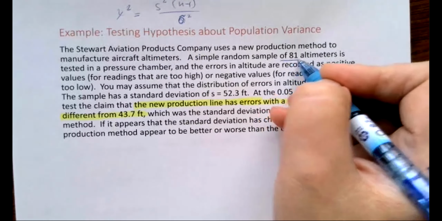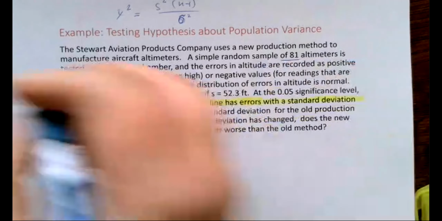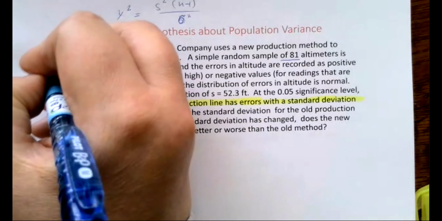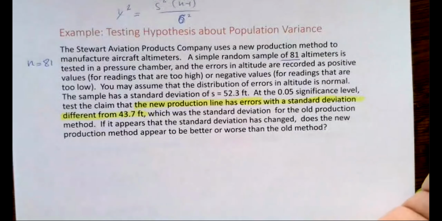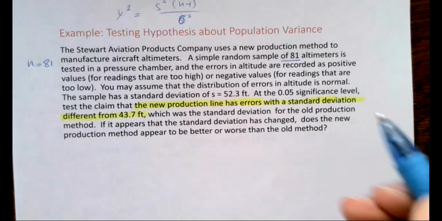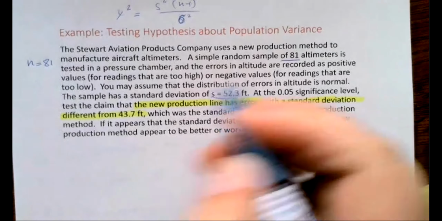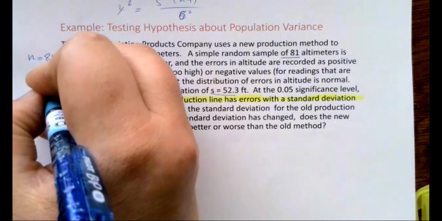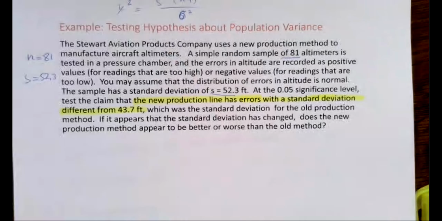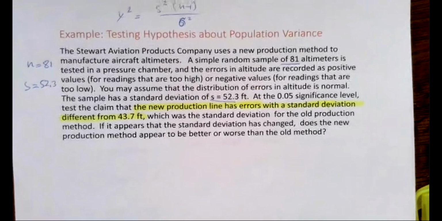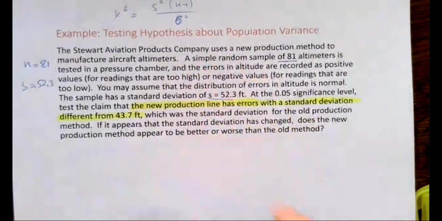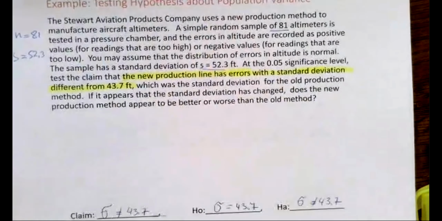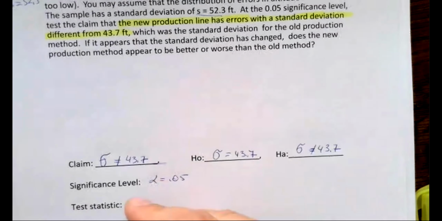We have a random sample of 81 altimeters, so n is 81. And what about the standard deviation? Right here. So s is 52.3. So we have everything that we need in order to calculate our test statistic, chi-square.